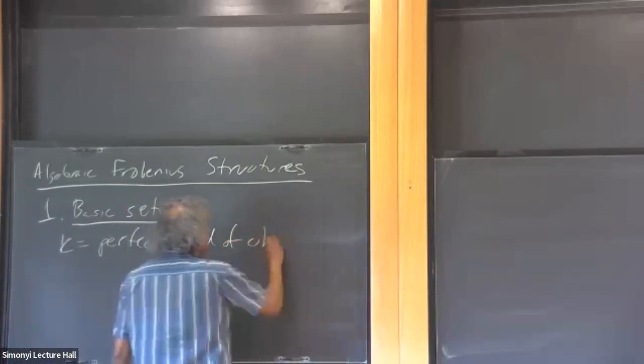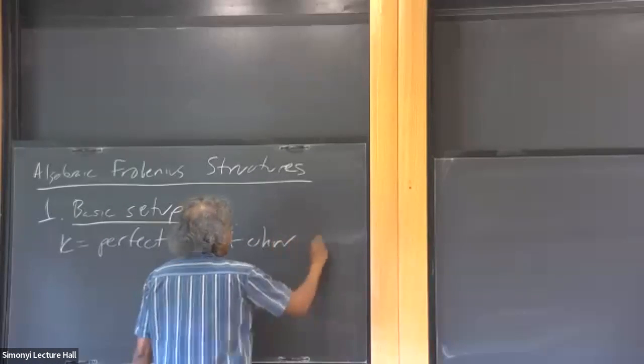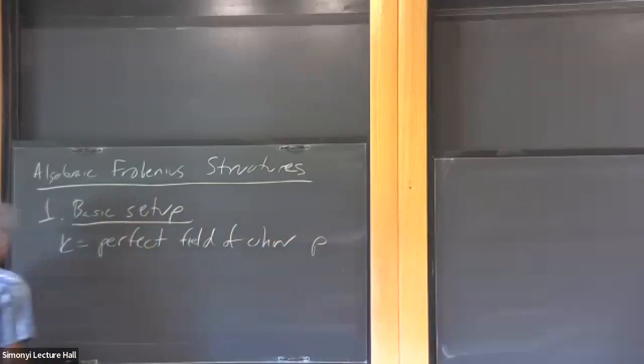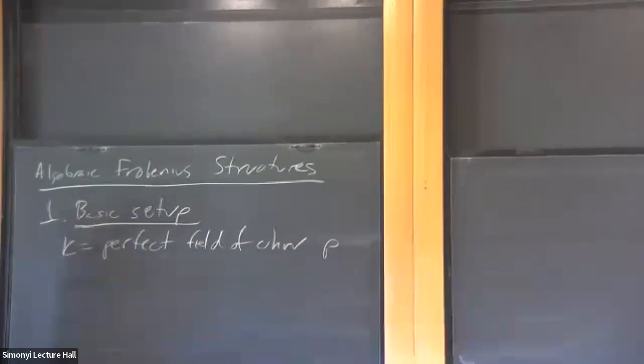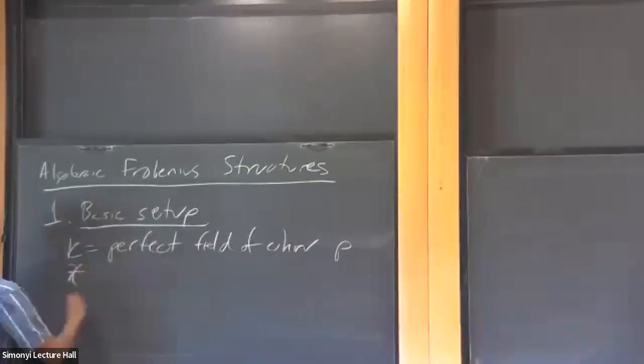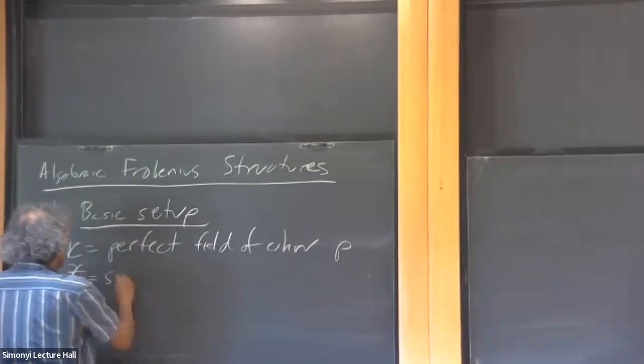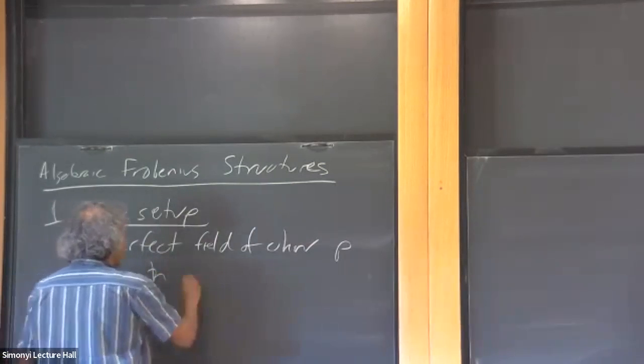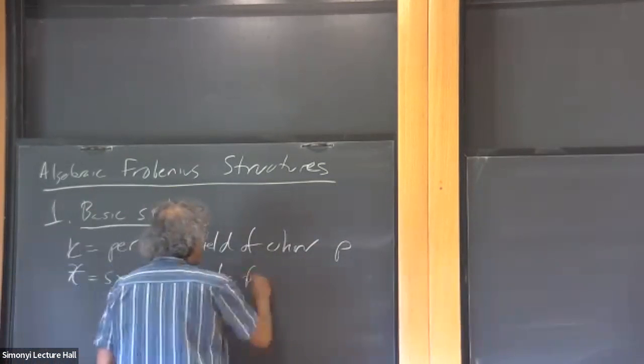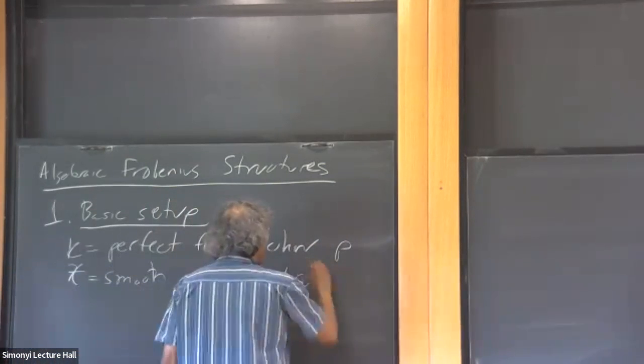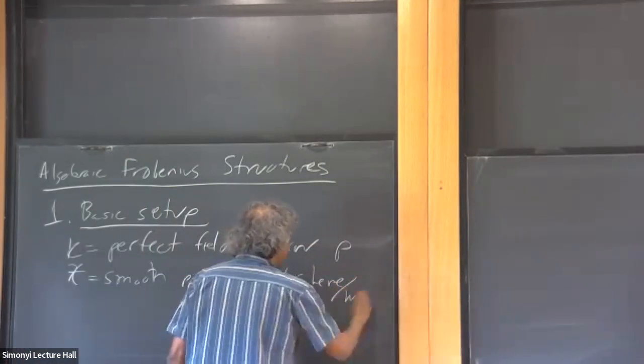Okay, so I'm going to start with a perfect field k of characteristic p, which you can imagine is finite for most applications. You could even imagine it's F_p for the applications I'm going to be talking about later. Curly X is going to be a smooth p-adic formal scheme over W(k).